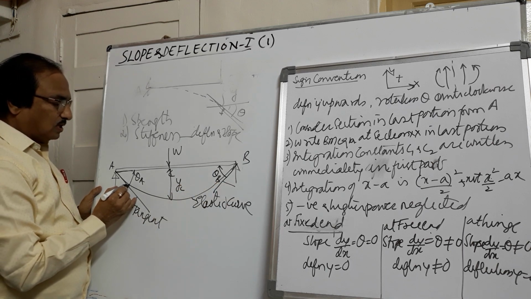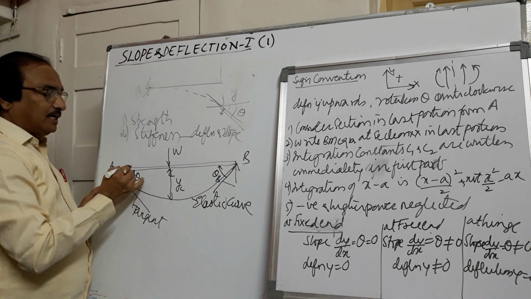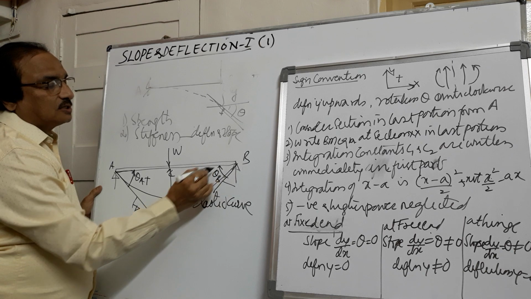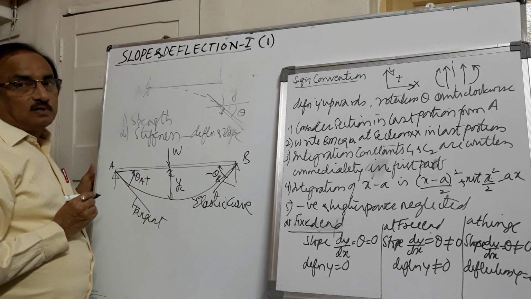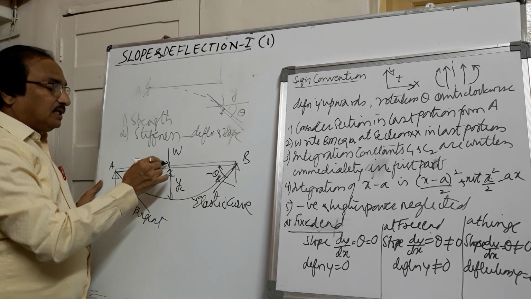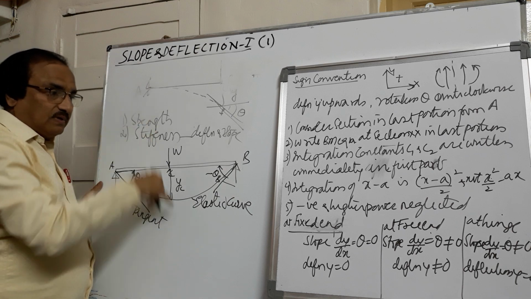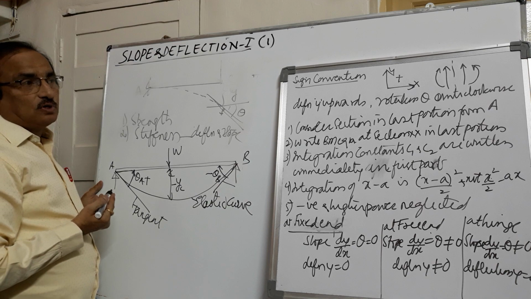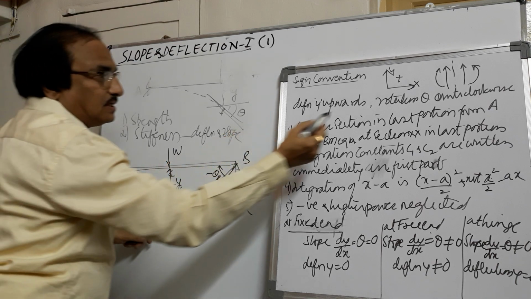Now if you see the rotation here, this rotation is anti-clockwise, so we take it as positive. And here the rotation is clockwise, and if the rotation is clockwise, we take it as negative. Here the deflection is down, and whenever the deflection is down, we take the deflection as negative. This is the sign convention we will be taking. Some more sign conventions are shown here.